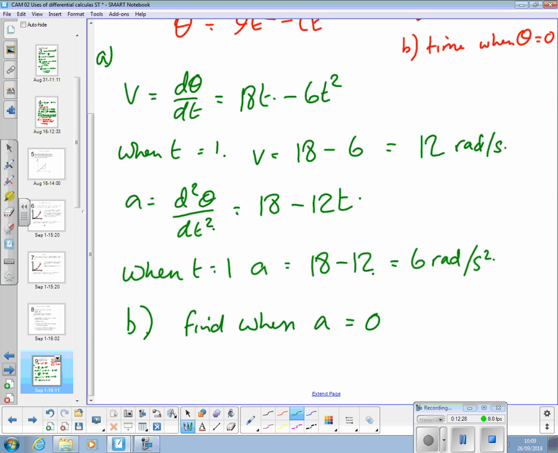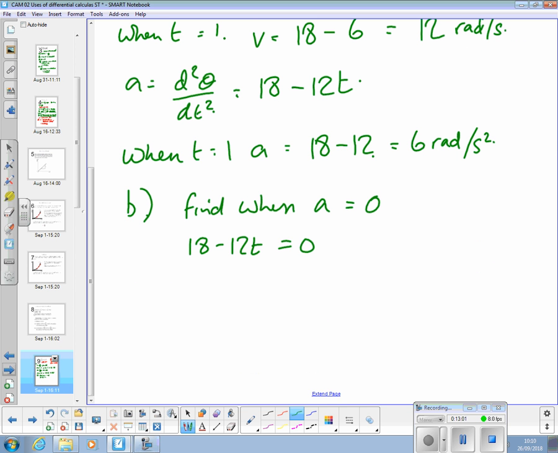So we simply set the second differential, 18 minus 12t, equal to 0.